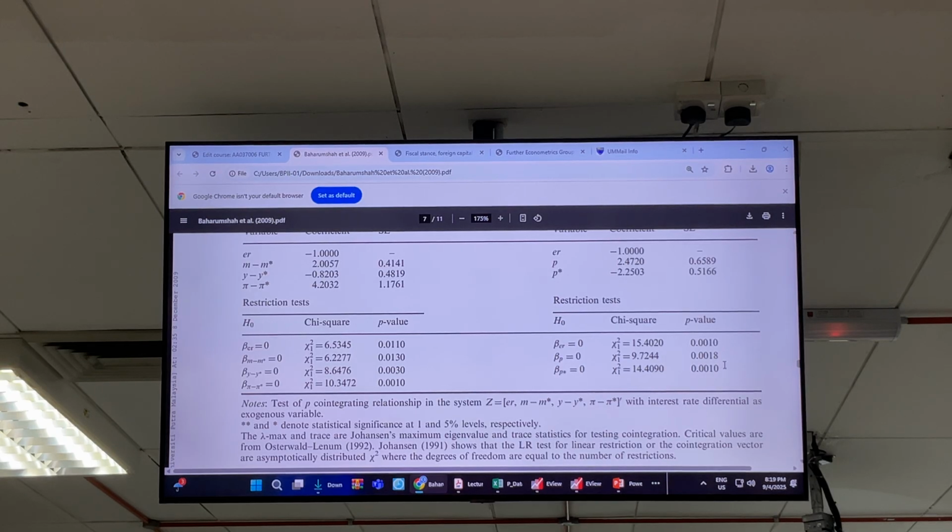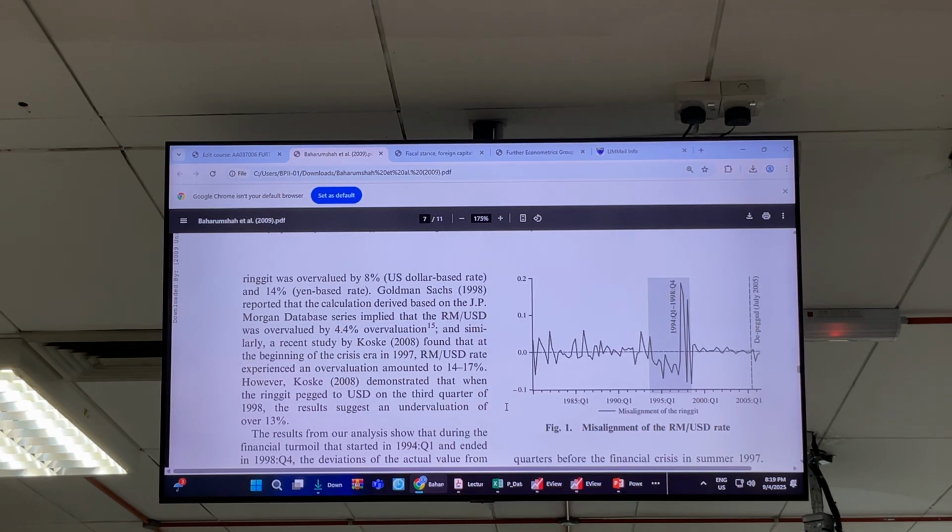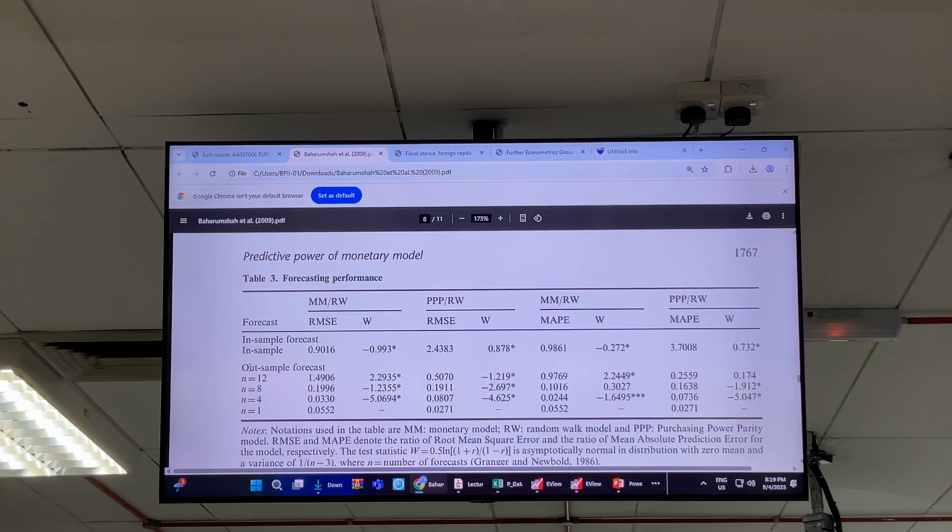The restriction, so a different presentation. The videos you can go through, and they do the forecasting performance based on four different models.